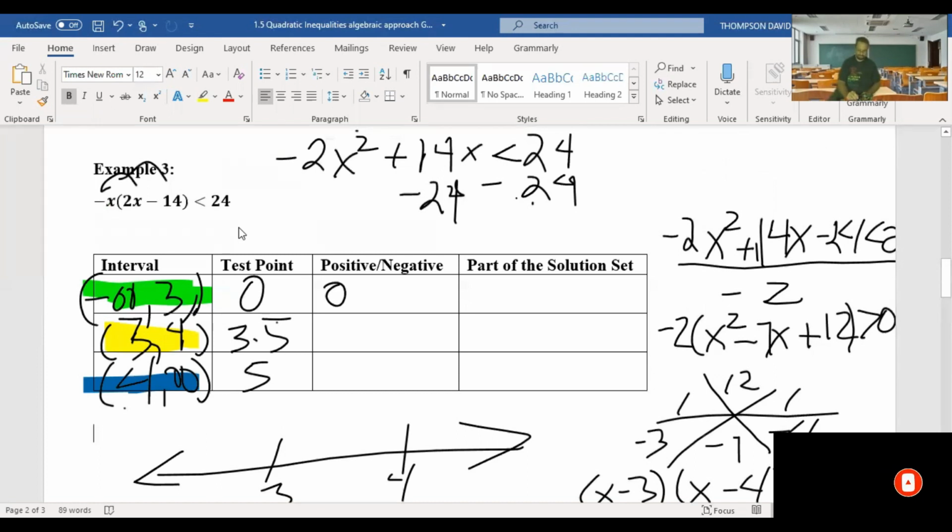And 0 is not positive or negative, but 0 is less than 24, so it is part of the solution set. So now we plug in the 3.5, negative 3.5, parentheses 2 times 3.5 minus 14, and that gives me 24.5. And we're asking ourselves, is that less than 0?